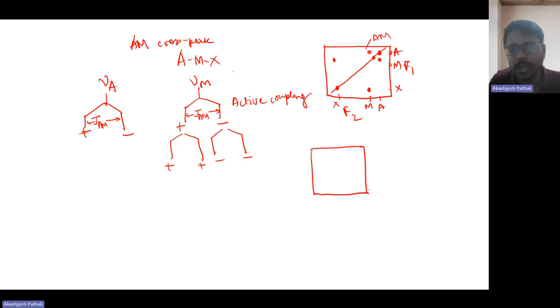In this cross peak, M is on the F2 axis and A is on the F1 axis. So for A, you write here plus minus, and for M, what you get over here is plus plus minus minus.